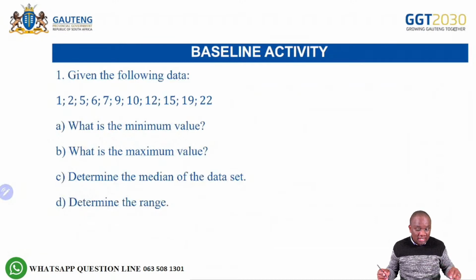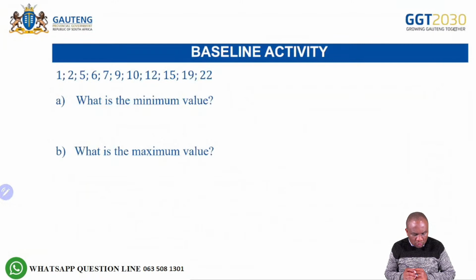We're going to use that when we talk about what? The 5-number summary. Okay, so the minimum value is 1 and the maximum value is 22. Always make sure that your numbers are arranged in ascending order from the smallest to the largest.